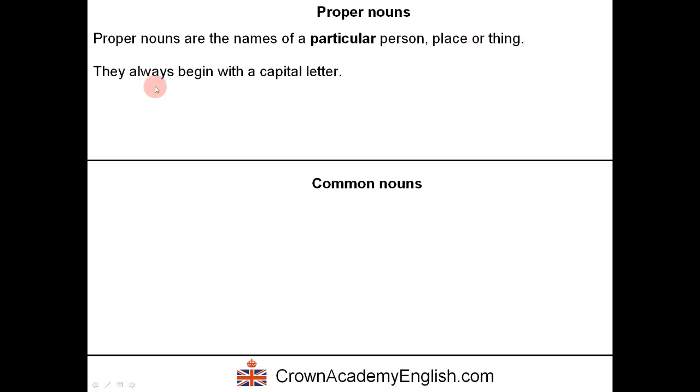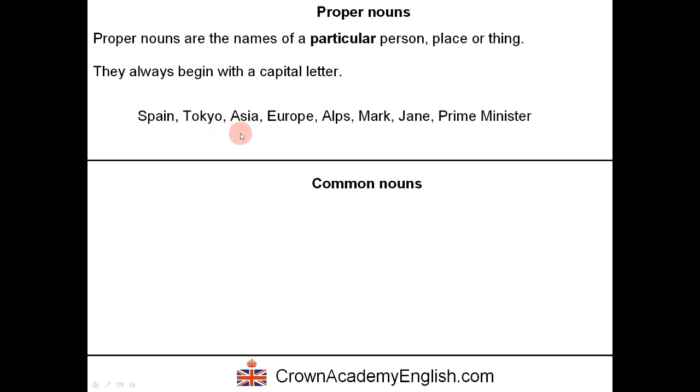And proper nouns always begin with a capital letter. Okay? So here are some examples: Spain, Tokyo, Asia, Europe, Alps, Mark, Jane, Prime Minister.